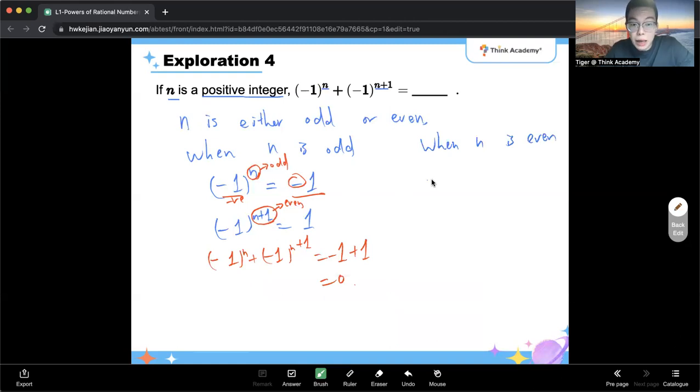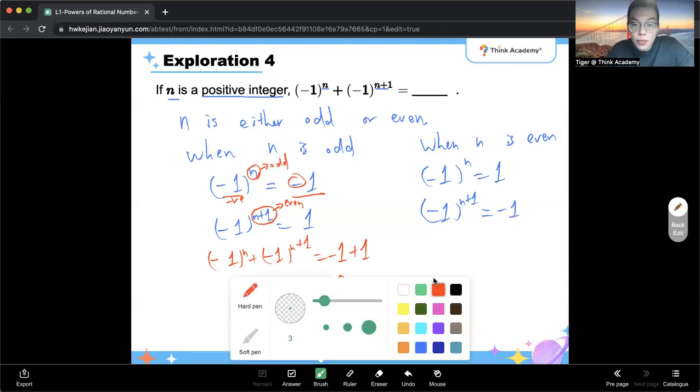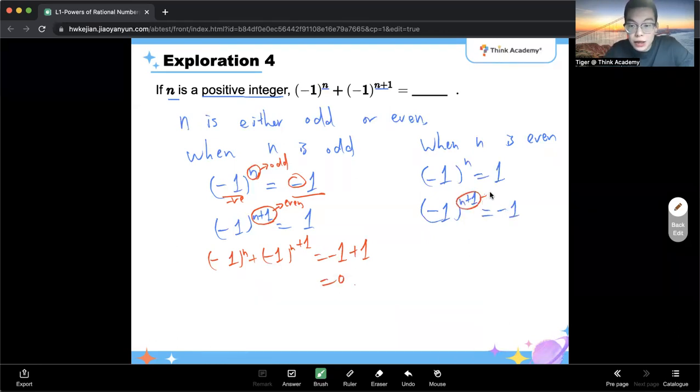So we can say that (-1) to the power of n is 1 this time, but (-1) to the power of n adding 1 is going to be -1, because this time 1 more than an even number is an odd number, and -1 is still a negative base, right?